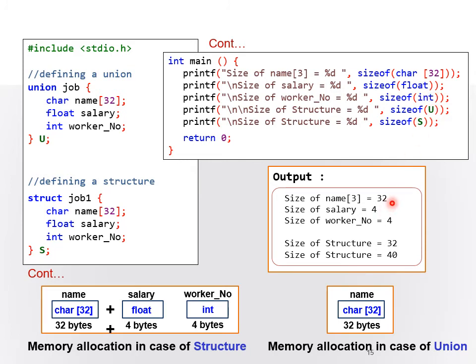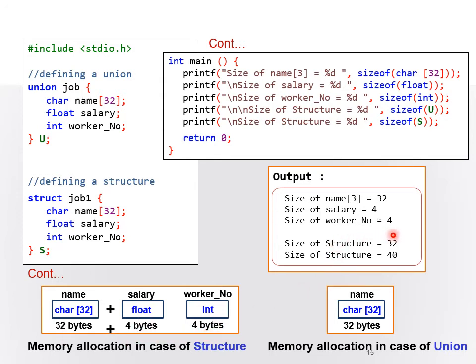We have 32 bytes for the character, 4 bytes for the float salary, and 4 bytes for the integer worker number. So character is 32 bytes, float 4 bytes, integer 4 bytes.